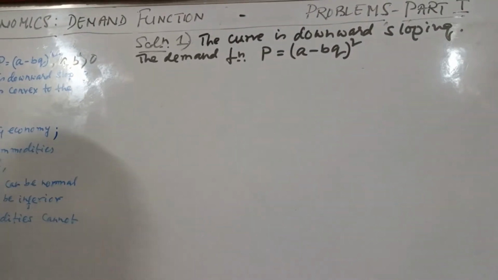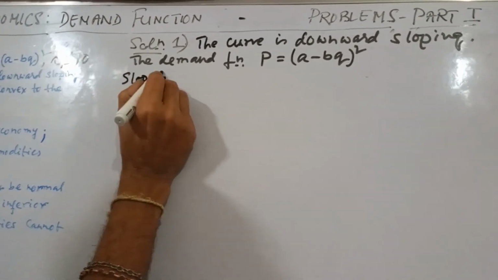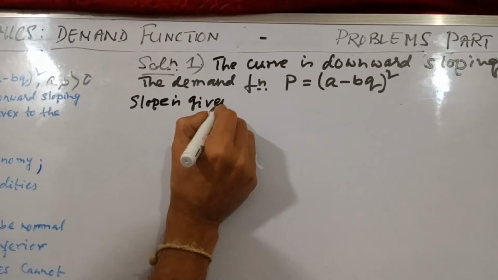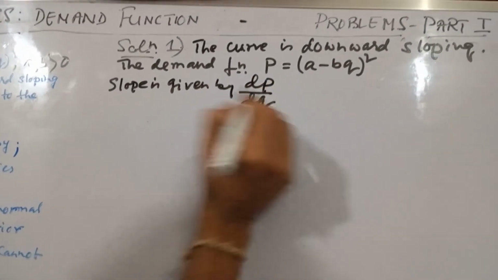Now what is the slope of the demand curve? Slope is given by dP/dQ.